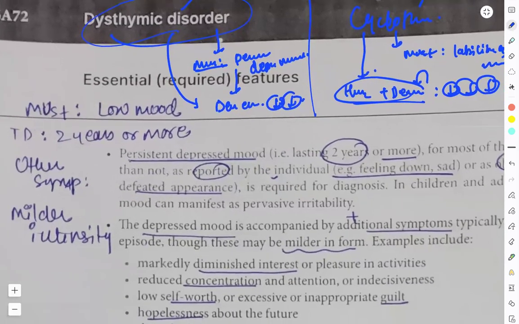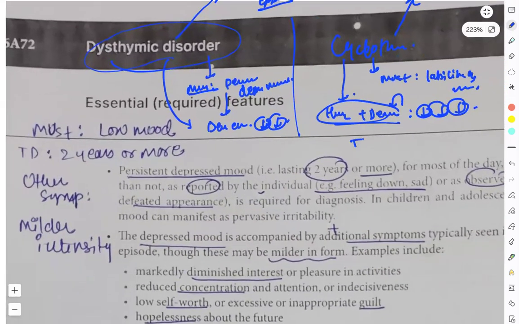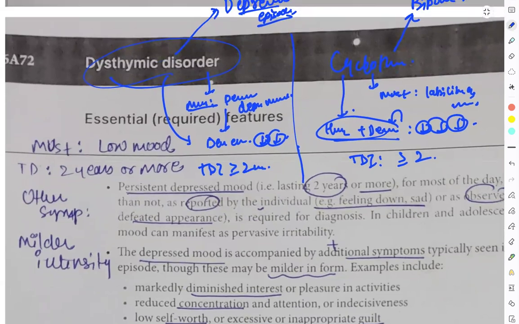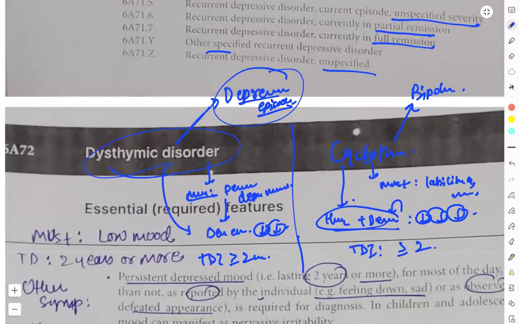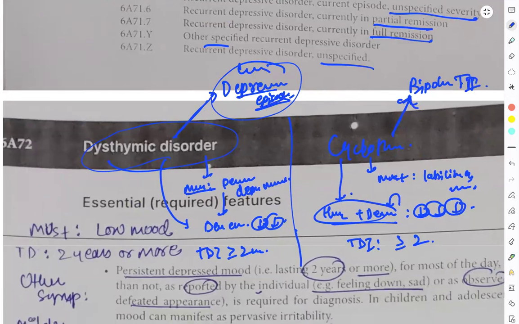Again, total duration in cyclothymia was more than or equal to 2 years. Similarly here, more than or equal to 2 years. So remember, dysthymia is the baby of depressive episodes, single episode depressive disorder, and cyclothymia is the baby of bipolar type 2 disorder.